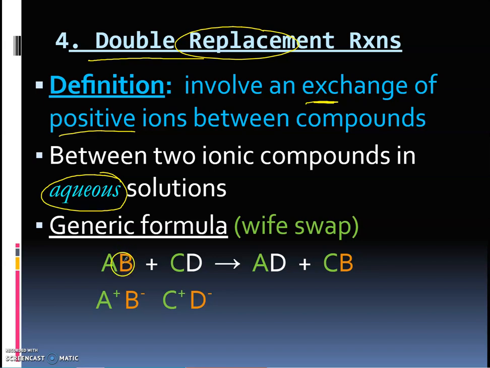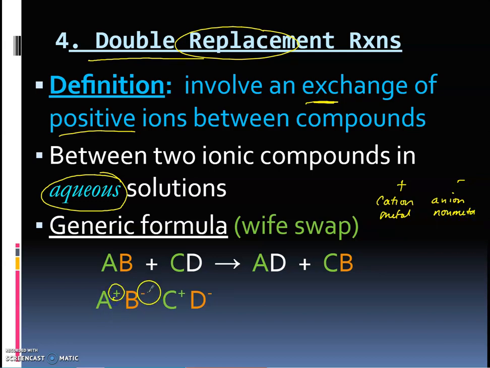So in general, we have our two compounds, AB and CD, and we are going to swap our possibilities. Now remember, it's always going to be your cation first and your anion second, your metal cation and your nonmetal anion, and you have to maintain that on the other side.